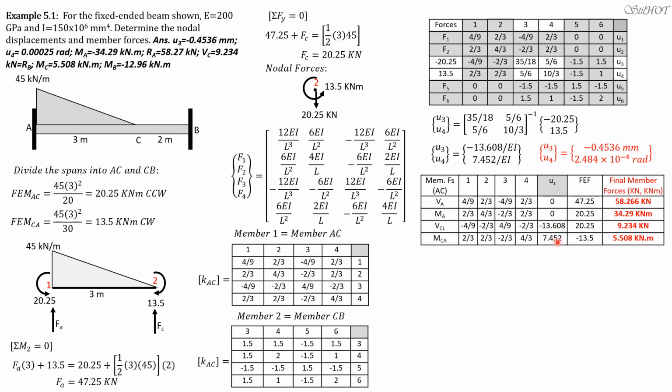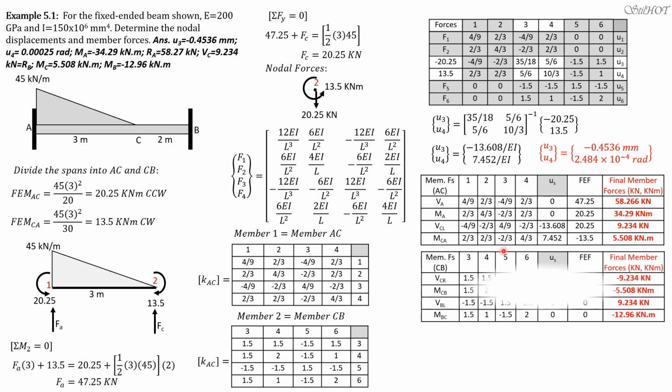Then this is U4, 7.452 over EI supposedly, but as I said, EI will cancel out. Then, because only rows 3 and 4 will have displacements, we may cover columns 1 and 2. They are not important.